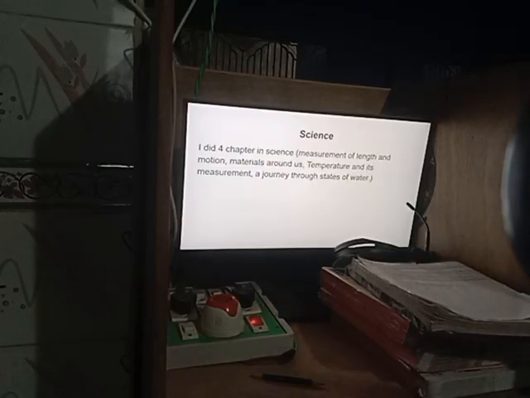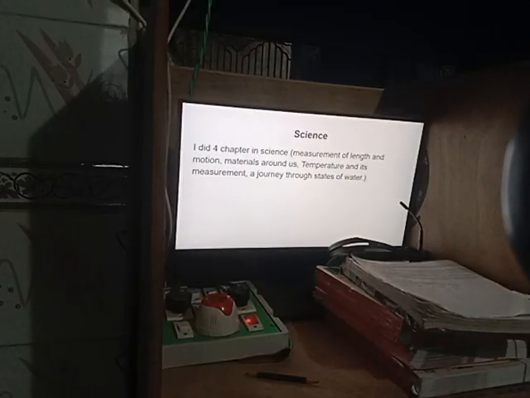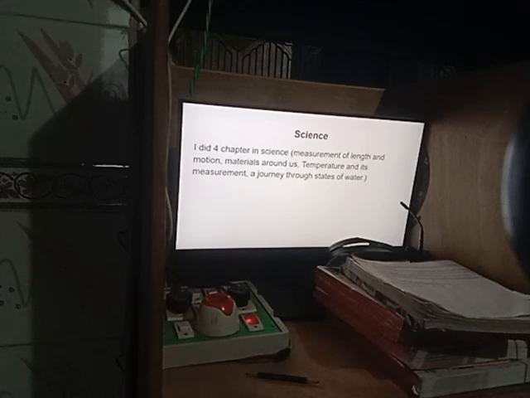Transparent is a clean glass. I can see clearly outside. That is called transparent. And translucent is something which I can see through to the opposite side, but not clearly. That is called translucent.